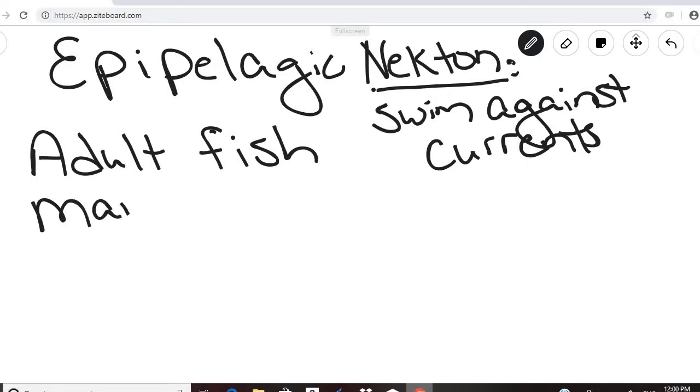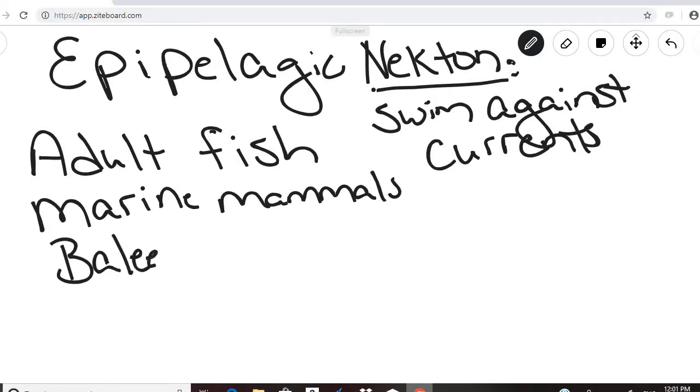Marine mammals, that live in the epipelagic zone and are nectonic. So those would be two big ones. Also you can get large mammals like baleen whales or whale sharks. So there are a wide variety of nectonic animals living within the epipelagic zone.